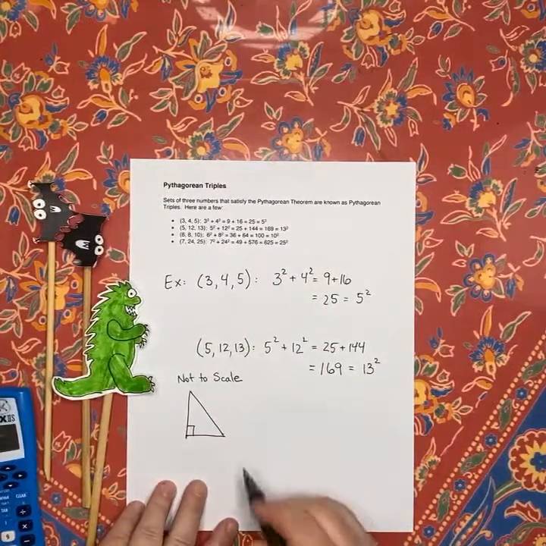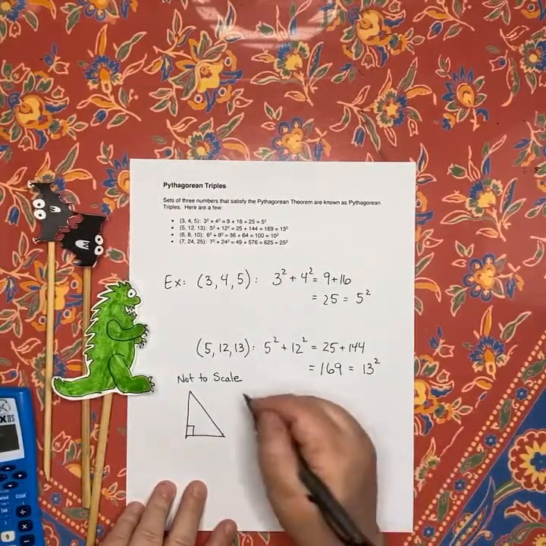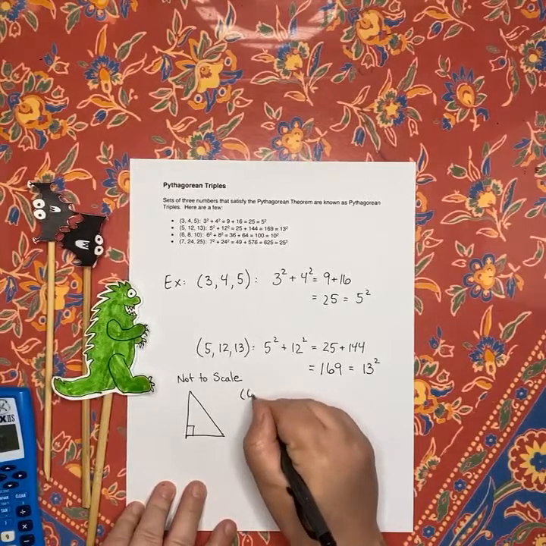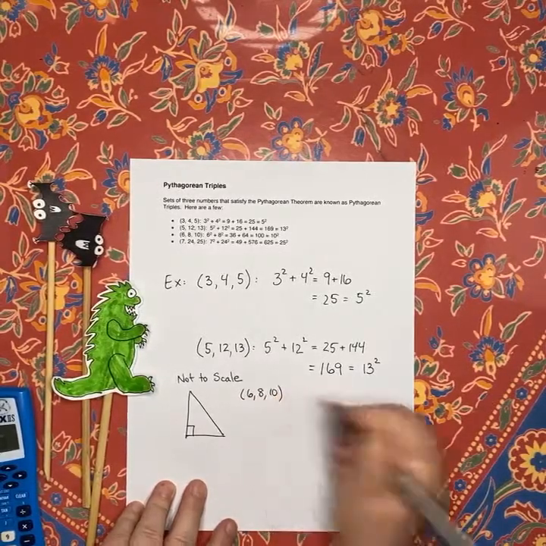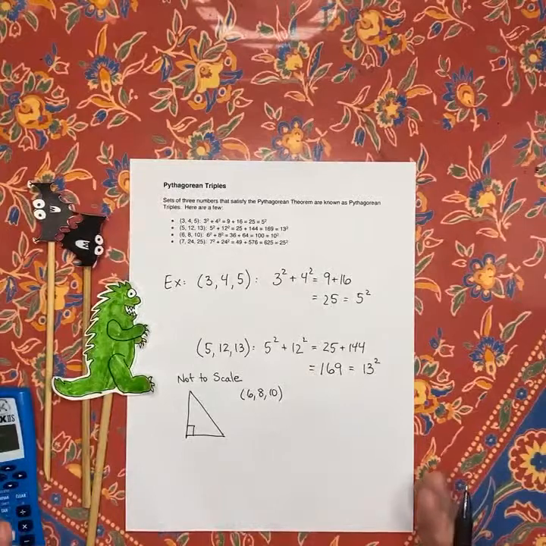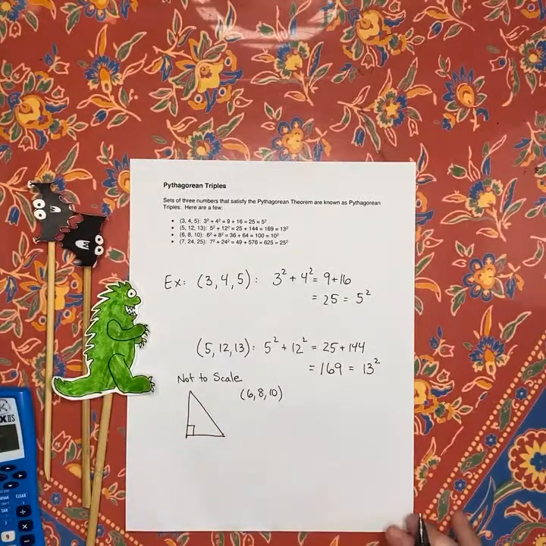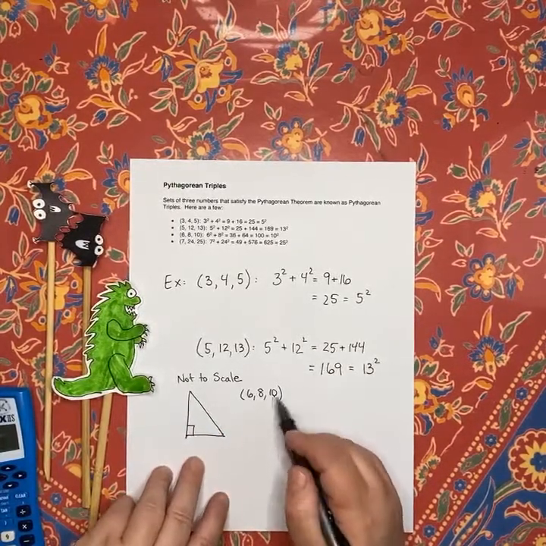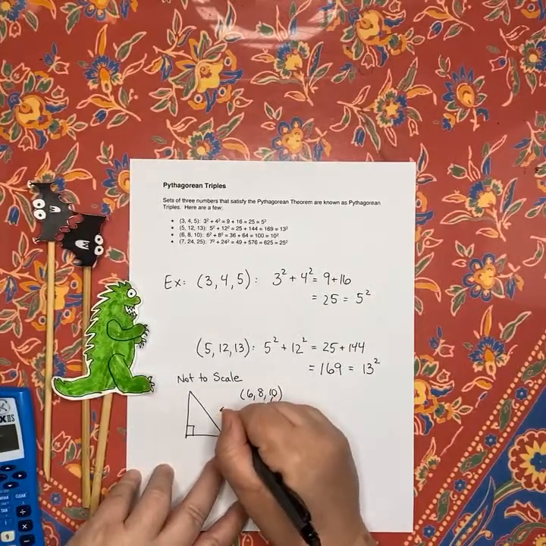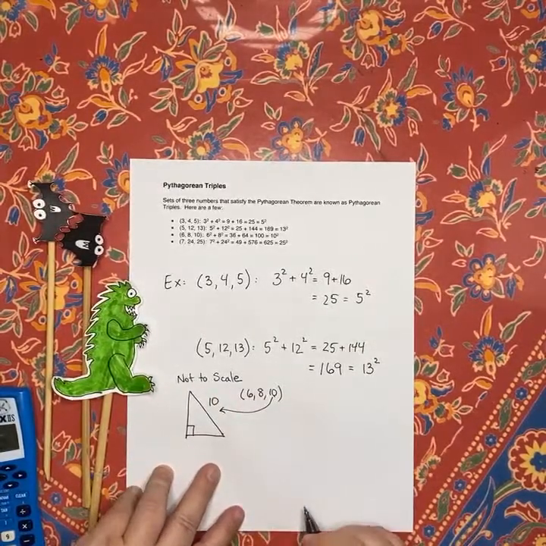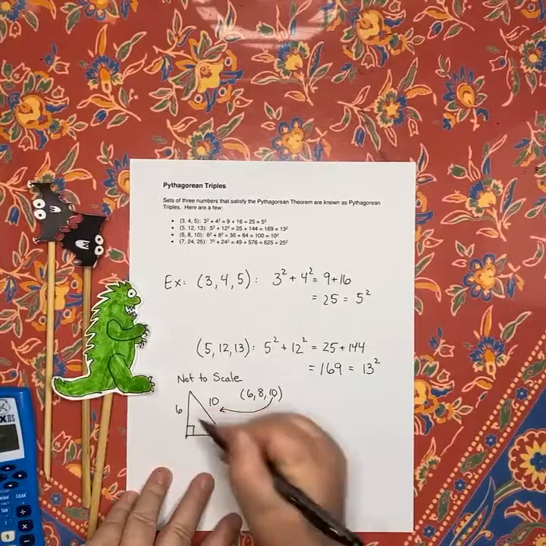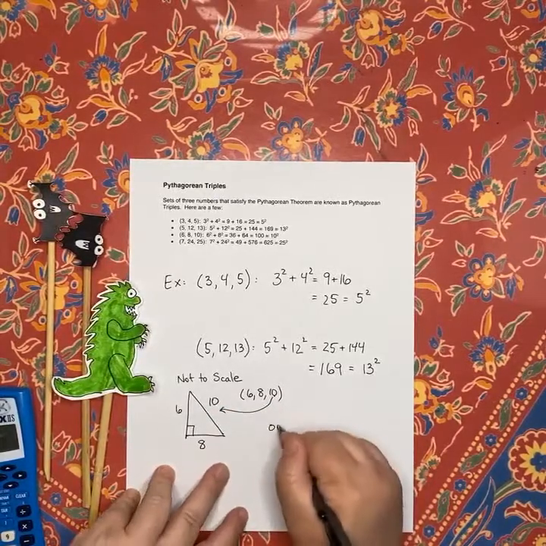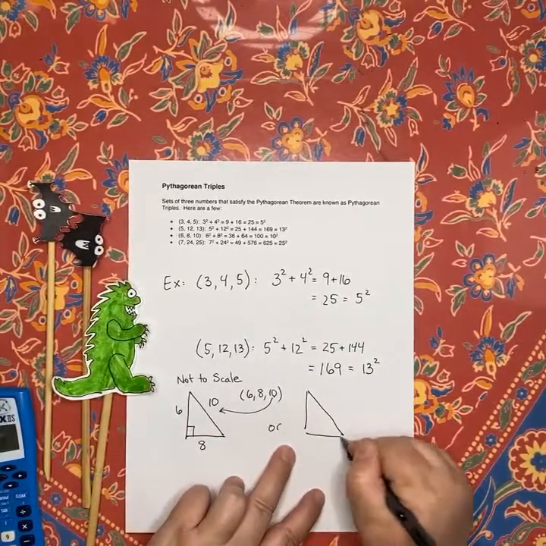But I can go ahead and now if I had the Pythagorean theorem 6, 8, 10, I know which numbers go where because the biggest number is always going to be the hypotenuse. Now the other two numbers, if I write 6 and 8 here, can I convince you?